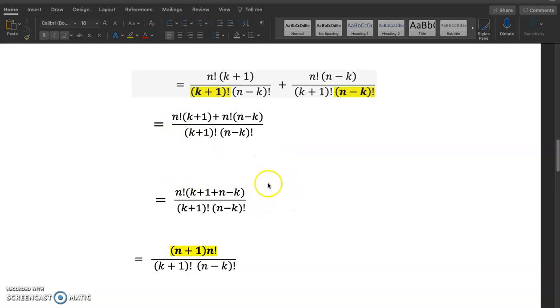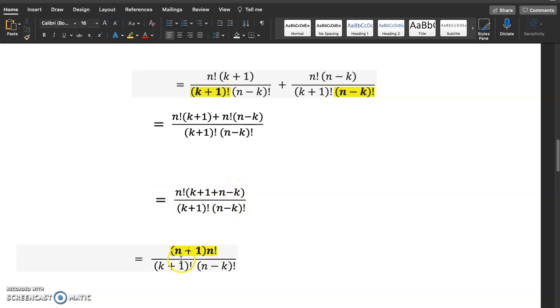In the numerator, we have a common factor. We factor it out, which is n factorial, times k plus 1 plus n minus k over the k plus 1 factorial times n minus k factorial. But in here, k minus k, positive and negative k, they cancel each other.